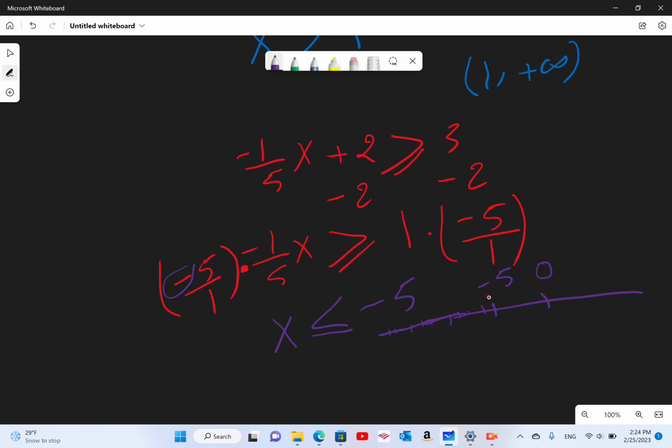And since we have less or equal than negative 5, negative 5 is also included in our solution set, up to minus infinity.